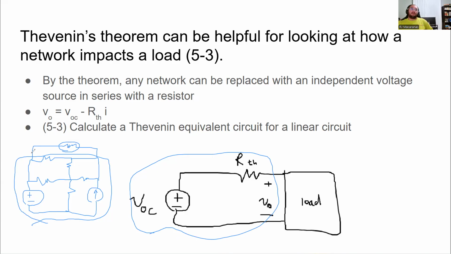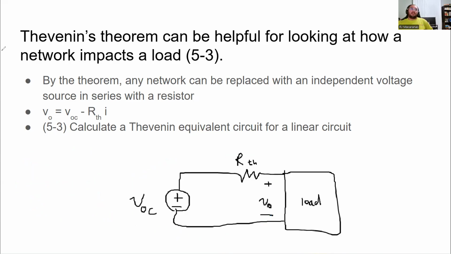That's one of the benefits of Thevenin's theorem, and it can be especially useful if you're interested in one very specific part of your circuit, since you can reduce everything and figure out what's happening in that one part.